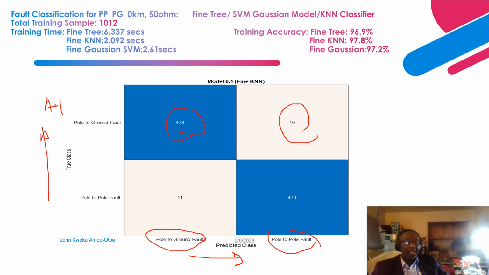On the other hand, 11 of the fault data that belongs to pole-to-pole fault was misclassified as pole-to-ground fault, and 417 of the pole-to-pole fault was correctly classified as pole-to-pole fault.